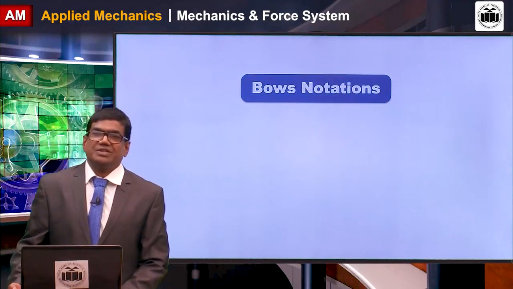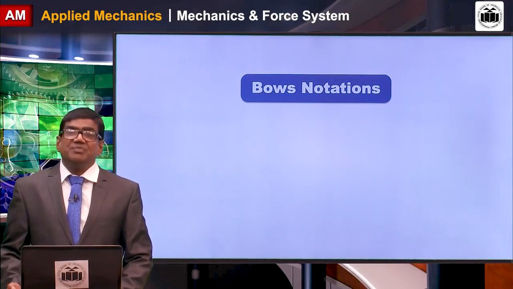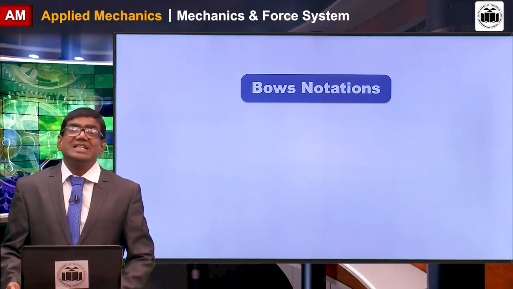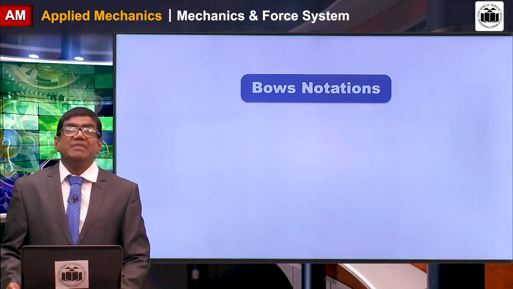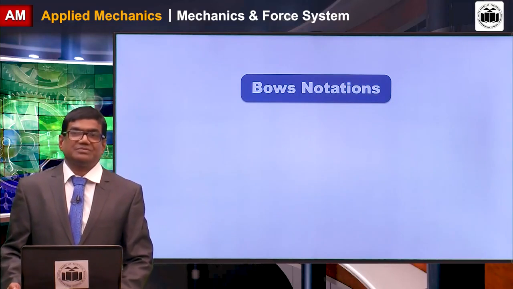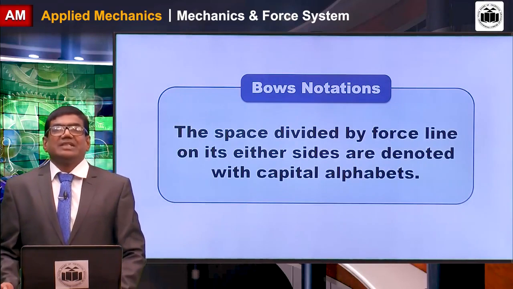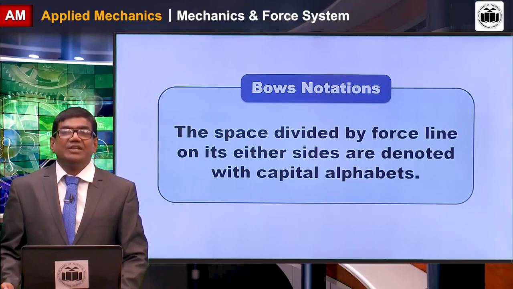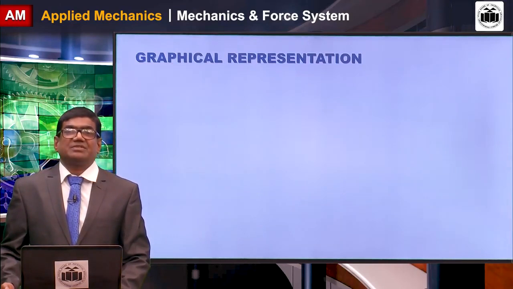Bose notations. Whenever we are graphically representing force, the forces are designated by a particular method devised by the scientist Bose. The spaces divided by a force line on either side are designated with capital alphabets.